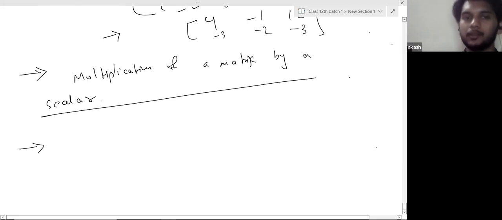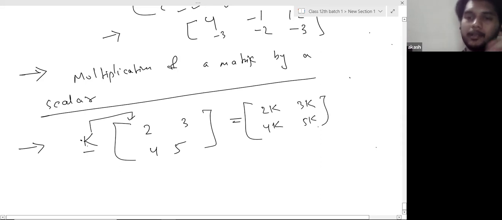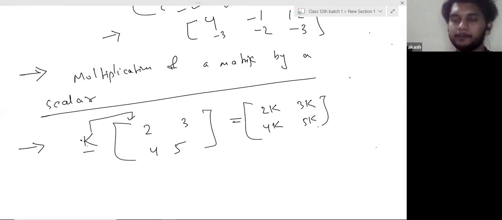If you multiply a constant quantity into a matrix, what happens? Each element is multiplied by that scalar quantity. So this will become 2k, 3k, 4k, and 5k. Is this clear, everyone?